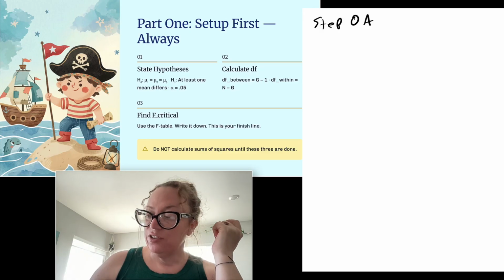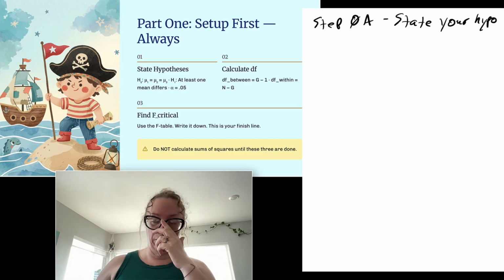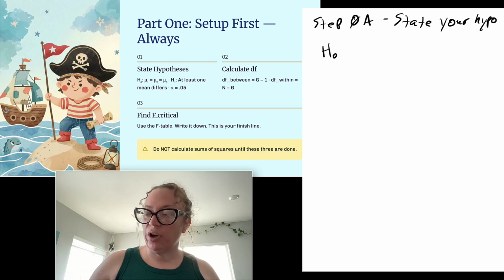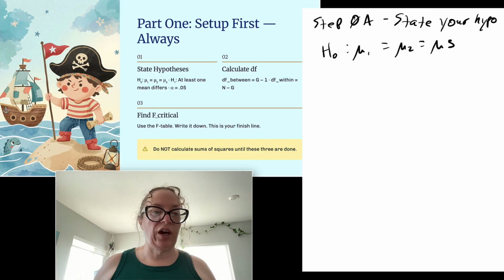0A, okay? Step 0A is state your hypothesis. Your null hypothesis is mu1 equals mu2 equals mu3, or however many groups you have. All 3 groups have equal population means. There's no difference in the outcome across groups, okay?